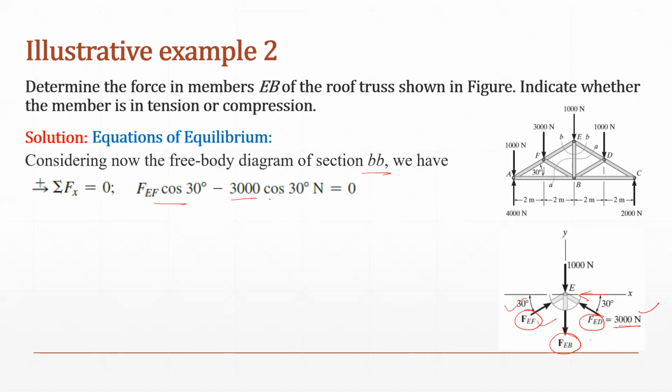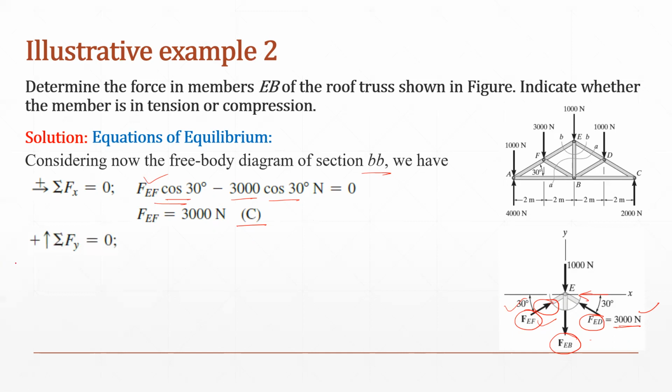So this becomes minus 3000 cos 30 Newton, and the horizontal component of FEF will be FEF cos 30, which is positive. In this equation only one unknown is there, so we can find the force in member EF, which is in compression, meaning our assumption is correct this time also.